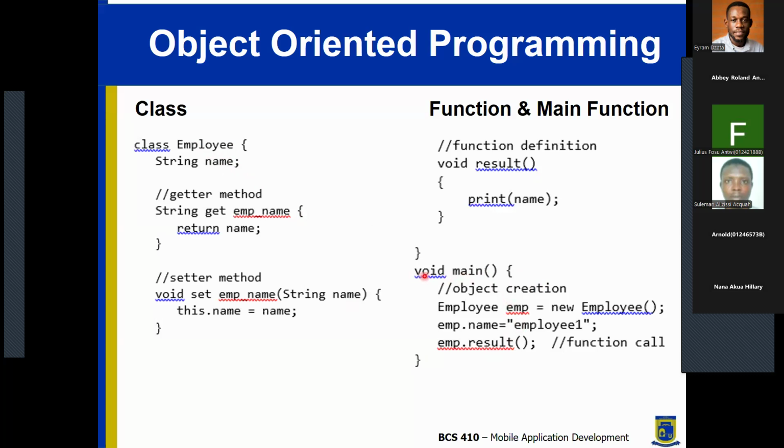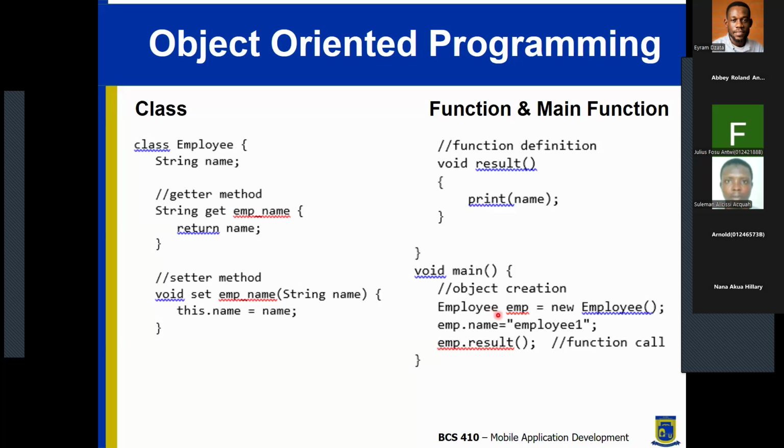Then we have the void main, which is the main function. In the main function, we are going to create an object of the Employee class. If we create an object of the Employee class, we are basically taking an instance of one employee, and then we use that to perform the operation.